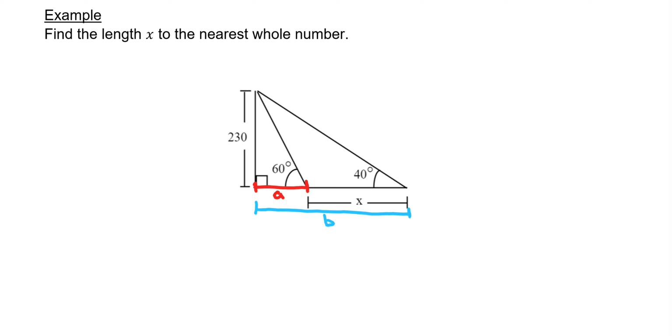We're going to call that length B. And then in order to find x, we can see that x is going to equal the entire length B minus the little chunk of A subtracted off, right? It looks like this chunk x right here is all of B subtracting off this chunk of A right here. So the question is, what is A, what is B?